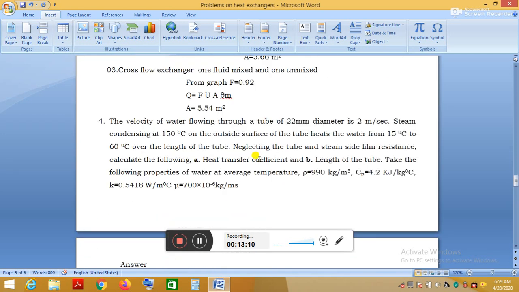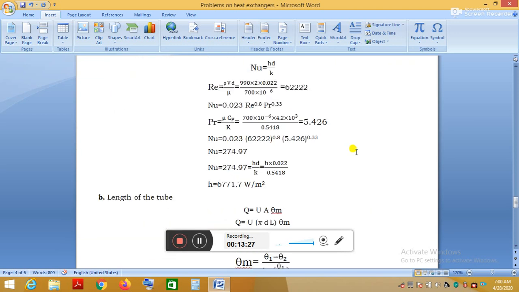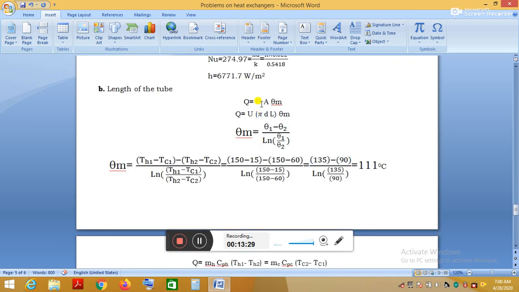And U value, since he asked us to find it neglecting the tube and steam side film resistance, since he asked us to neglect the resistance offered by the tube and steam, there is no need to find the U value.